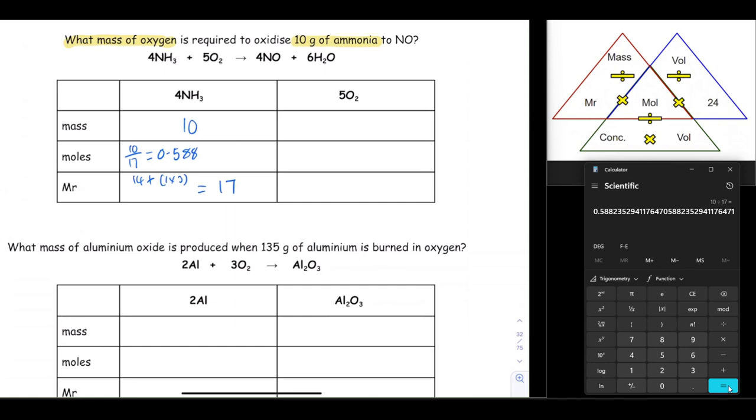And I've got a 4 to 5 ratio. So again, I need to get it into a ratio of 1 over here first. So I need to do 0.588 divided by 4. That gives me 0.147. And then I just times that by 5 to times it up on the other side. That gives me 0.735.